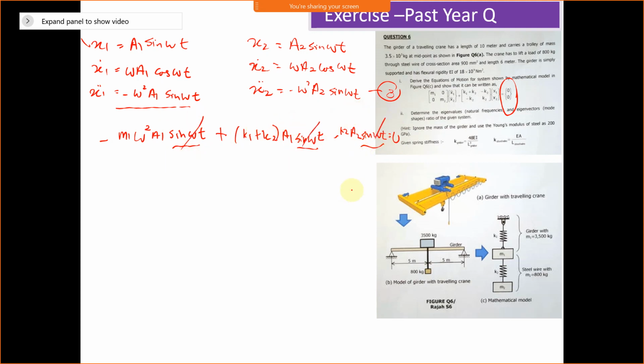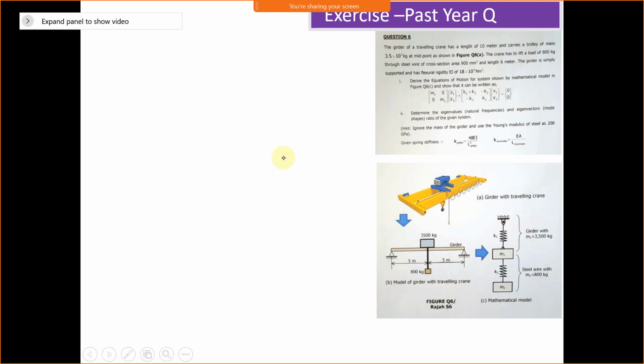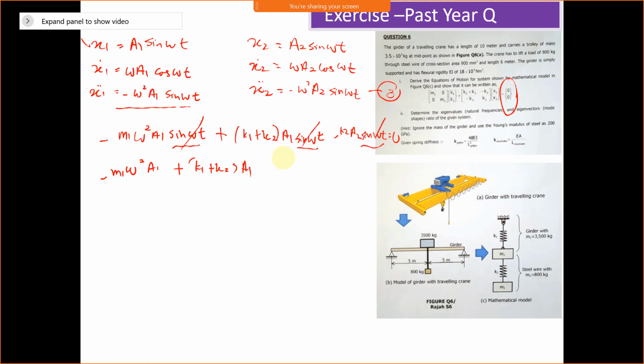Yang tinggal hanya negative m1 omega square A1 plus k1 plus k2 A1 minus k2 A2 equals to 0.